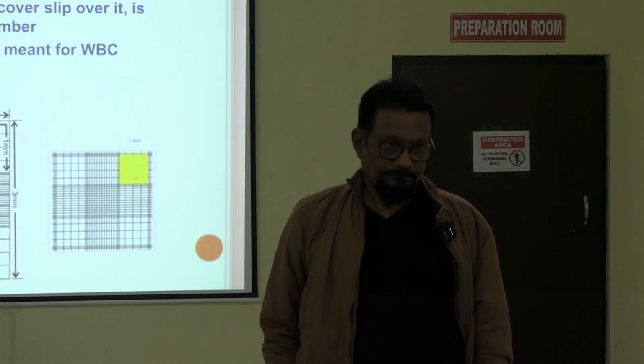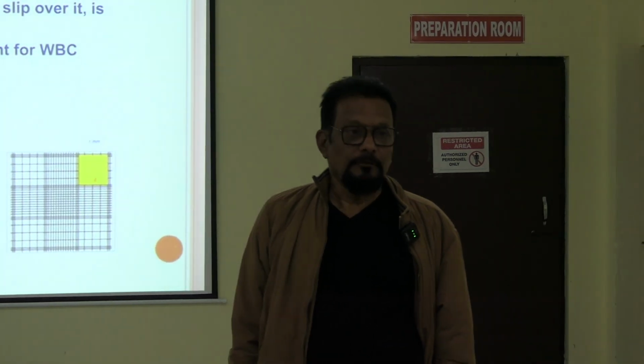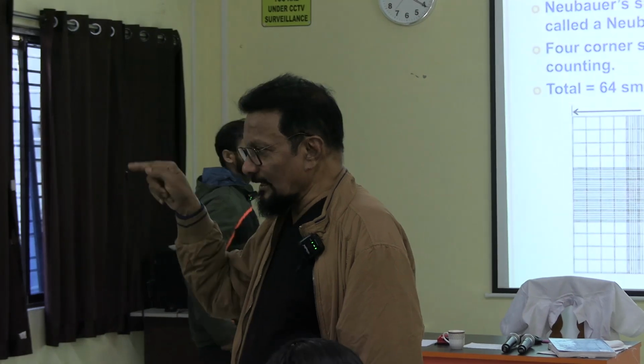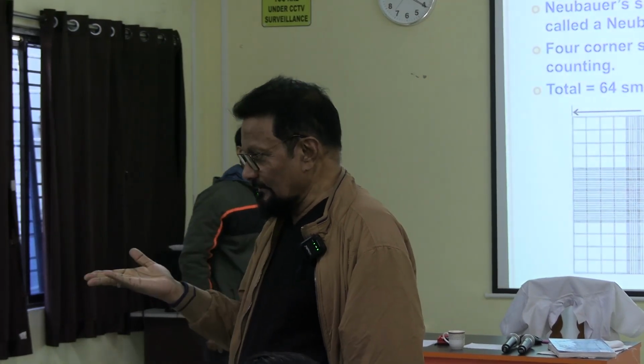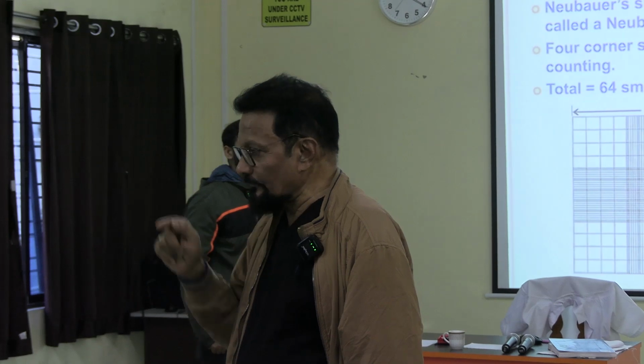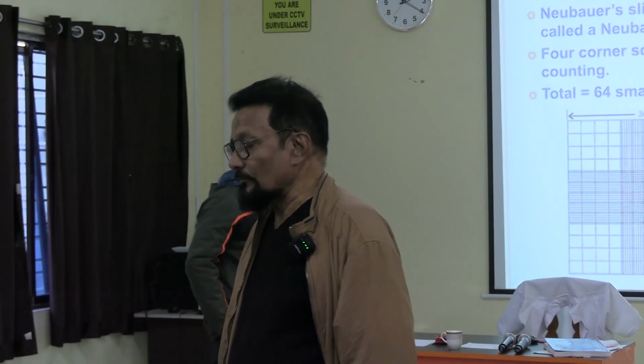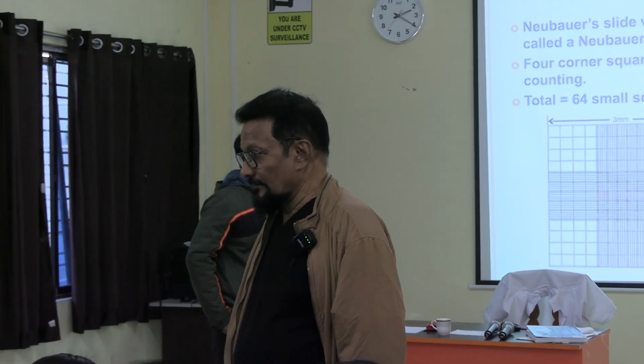There are 25 WBCs in 5 small squares. Height is known, common for all. If you know the area, and in this area how many are there, then find the volume, in this volume how many, and then convert it into per cubic millimeter.